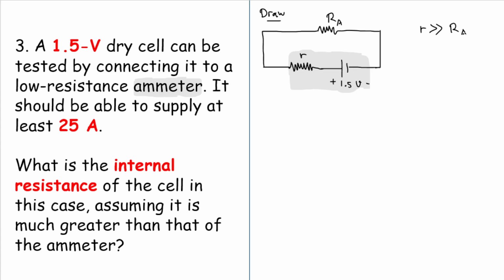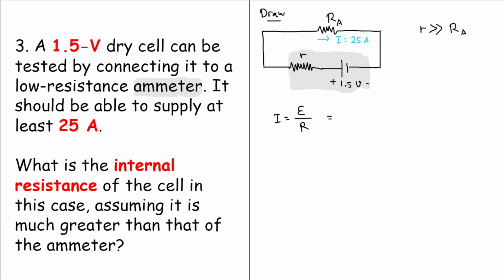Right? Okay, now let's also get the current here. We have 25 ampere. So I have this I here is equal to 25 ampere. And remember, we can calculate the current from Ohm's law, right? So I is equal to the EMF, the voltage, divided by the resistance. Good.